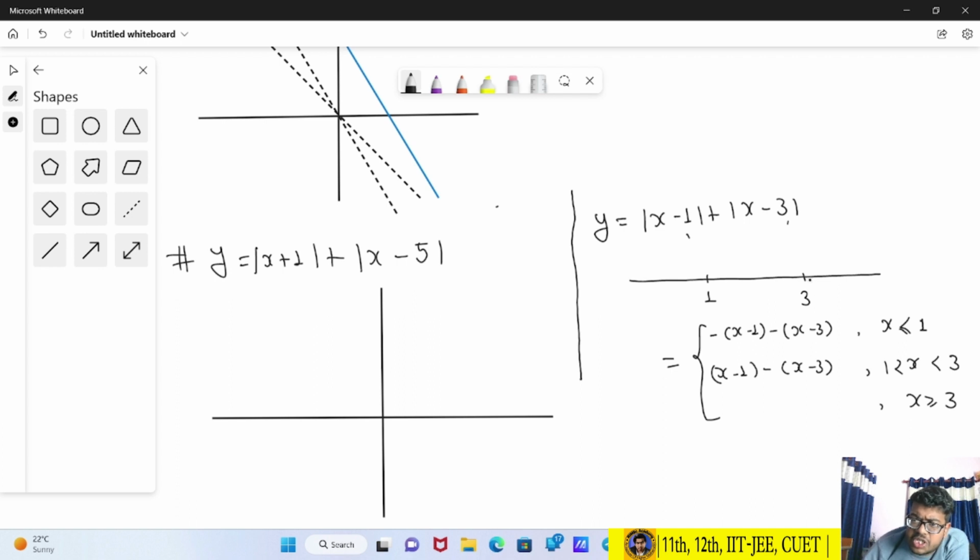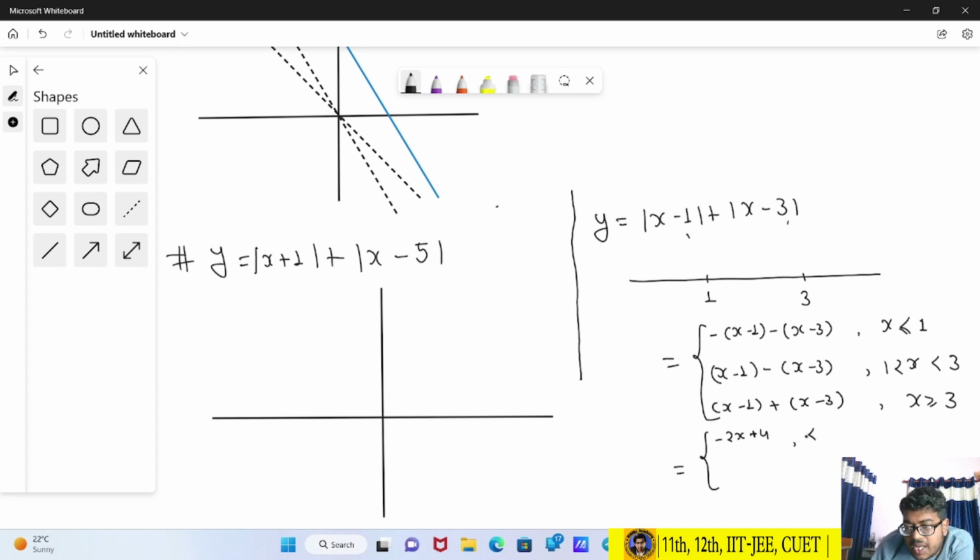Take any value greater than or equal to 3, suppose 4. 4 minus 1 is 3, positive, so it comes as it is, x minus 1. And 4 minus 3 is also positive, so it also comes as it is, x minus 3. So it comes to minus x minus x, and minus 1 plus 3, so plus 4.